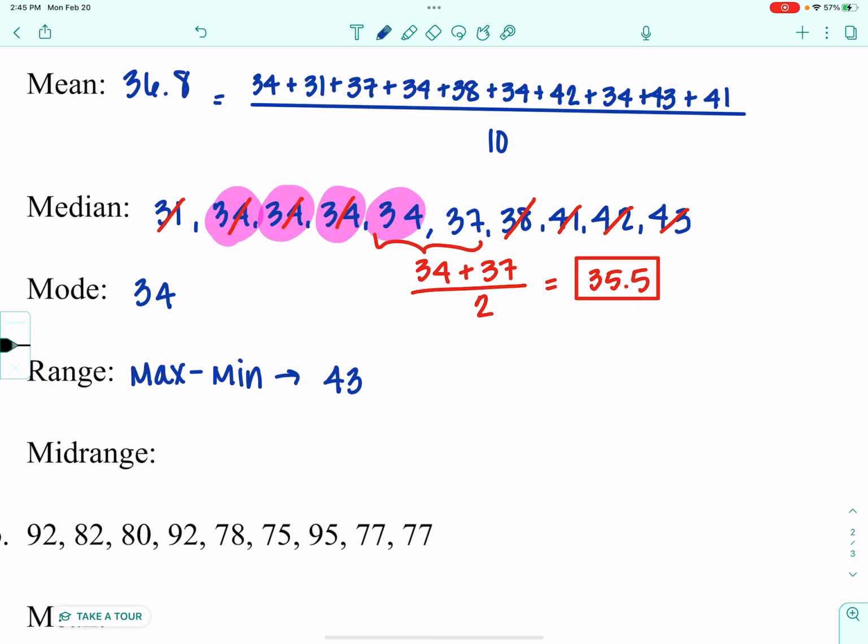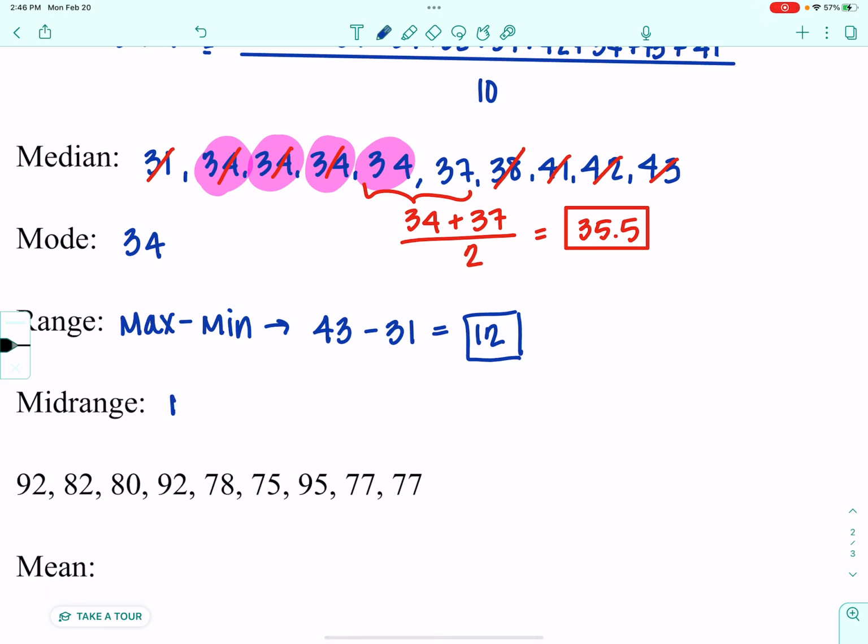My mid-range is the max plus the min divided by 2. So I need not a plus, I need an equals. My maximum was 43.